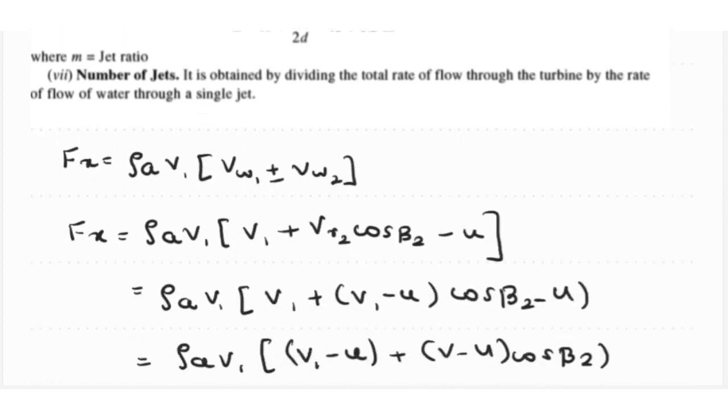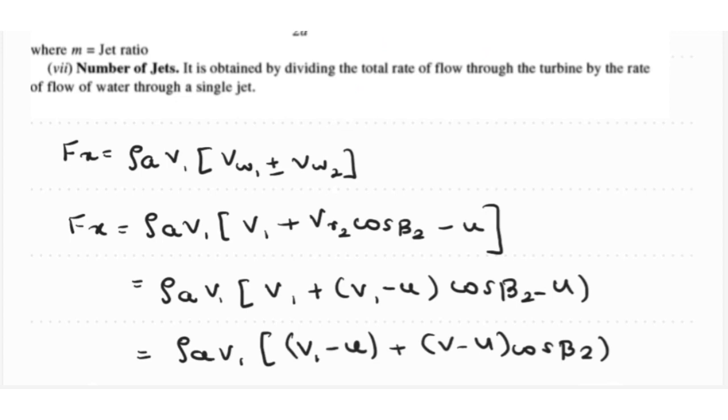Then we have the formula for Fx is equal to rho into a into V1 into (Vw1 plus or minus Vw2). Sometimes we can use this formula too: rho a V1, in place of Vw1 we will substitute V1, and in place of Vw2 we will substitute Vr2 cos beta 2 minus u.